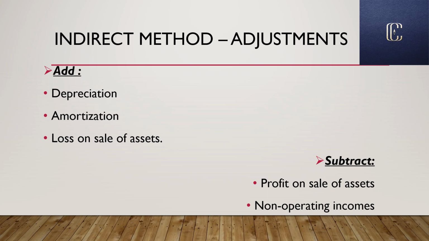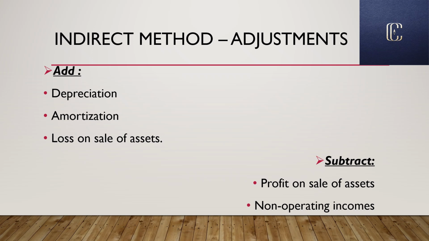In step two, subtract the non-operating income. Some income increases accounting profit but is not from core business operations. So we remove them. The first one is profit on sale of asset. For example, asset book value is rupees 50,000, sold for rupees 70,000.